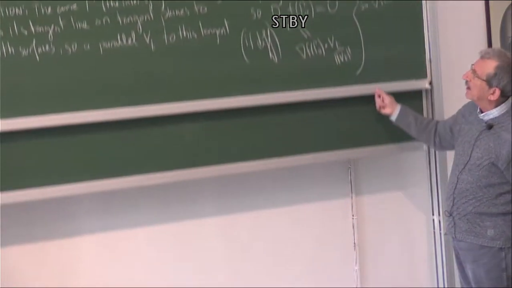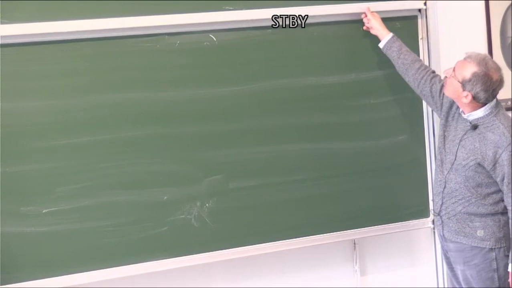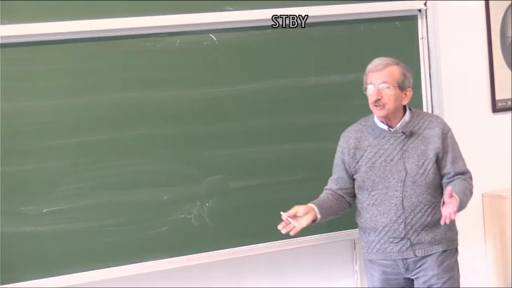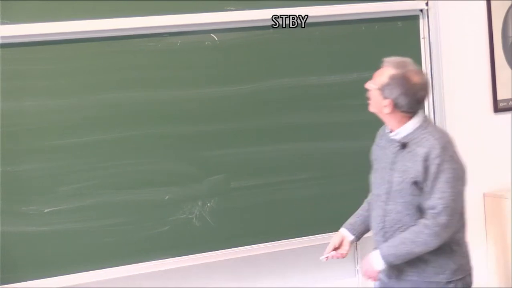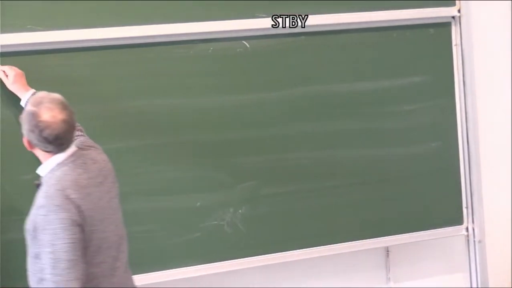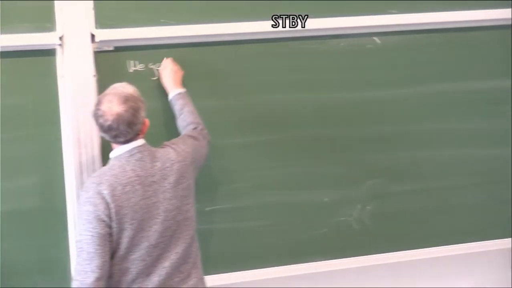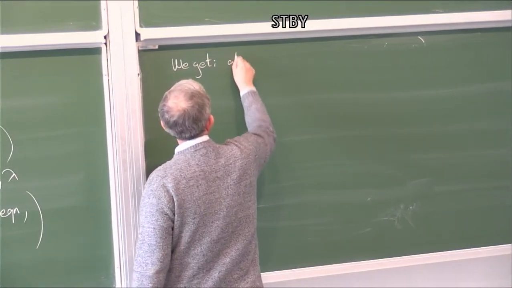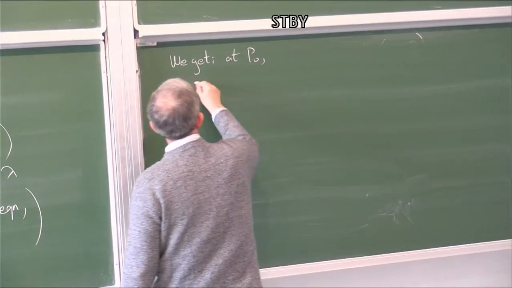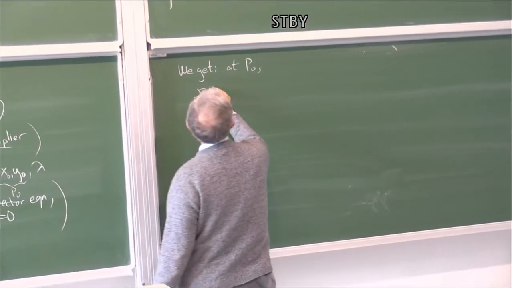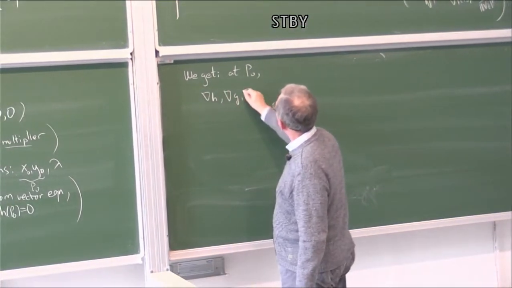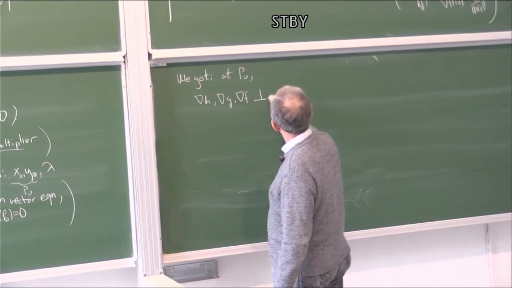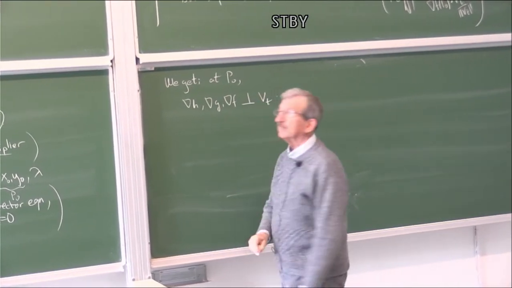I will not spend much time on the geometry here because we cannot sketch it. It's in 4 dimensions. So we get, at P0, gradient H, gradient G, gradient F are perpendicular to Vt.